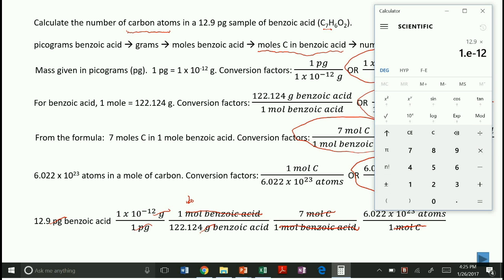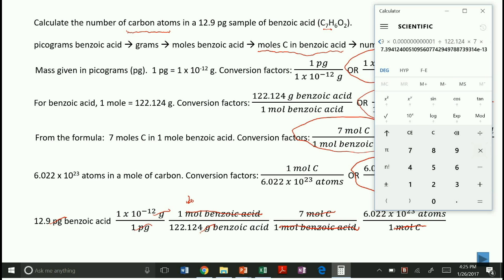The next step will be to divide by 122.124. The next step then will be to multiply by 7. So let's do that. And my last step will be to multiply by 6.022 times 10 to the 23rd.